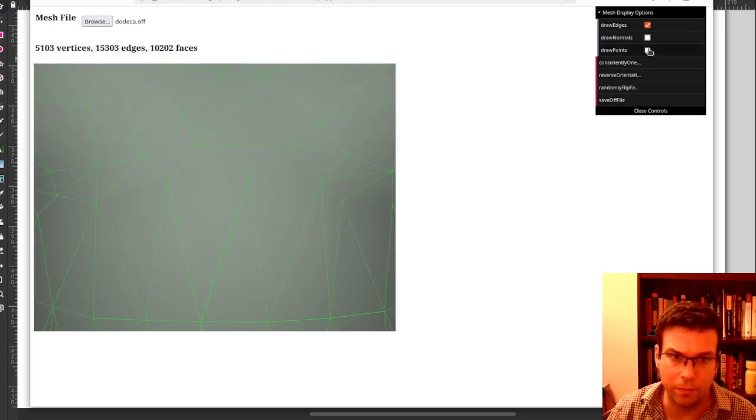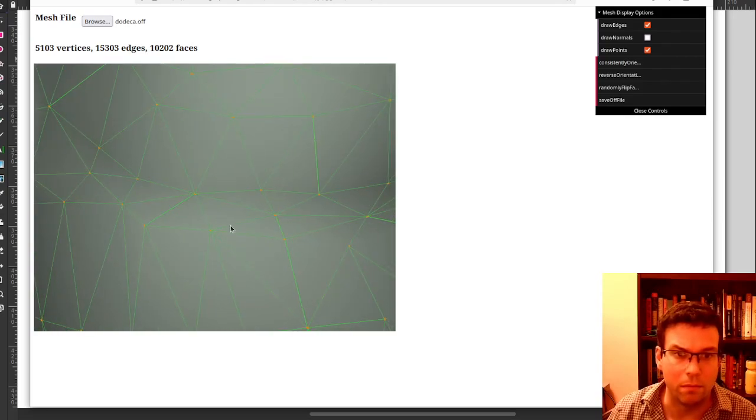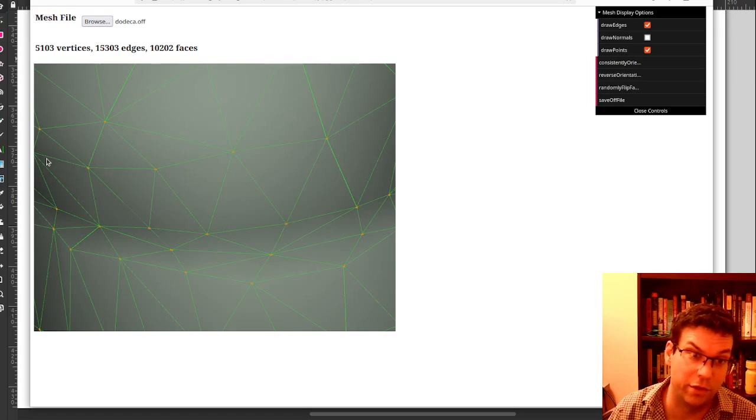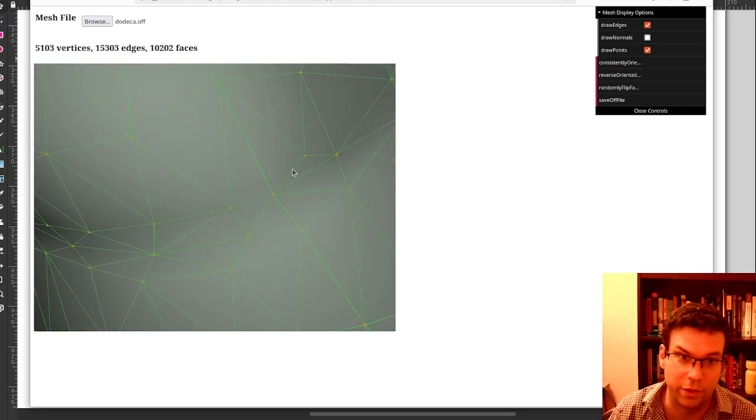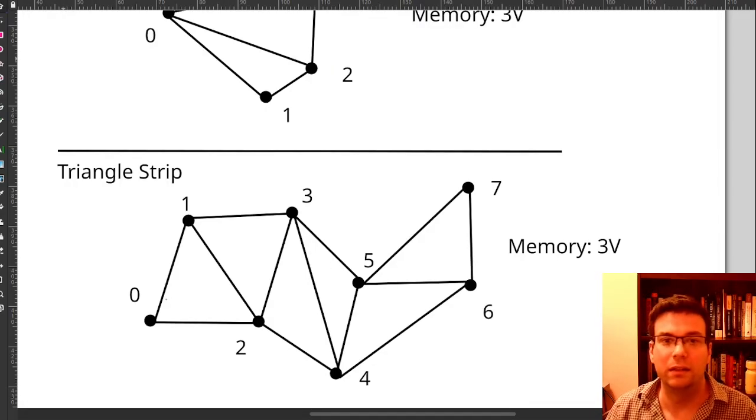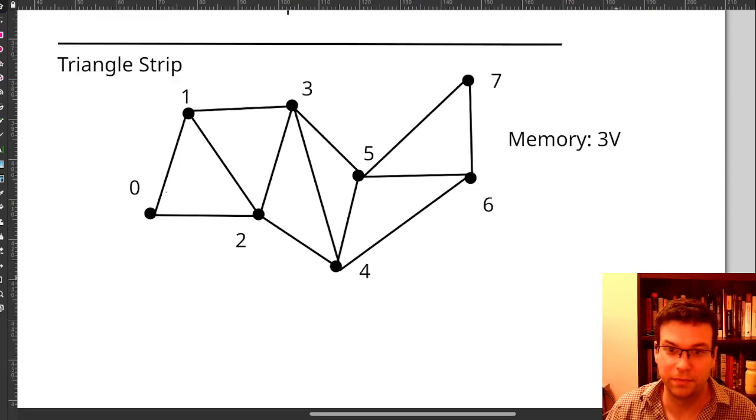Like there's a triangle fan, I can see it. I would cleverly decompose this into triangle fans and triangle strips. Actually, here's a nice triangle strip I see, kind of starts over there, goes boom, boom, boom, boom, boom, boom, boom. That's a nice long triangle strip. So anyway, that's a cool way to compress meshes.